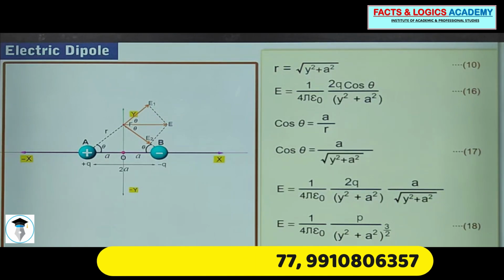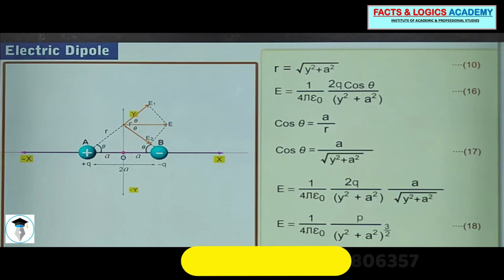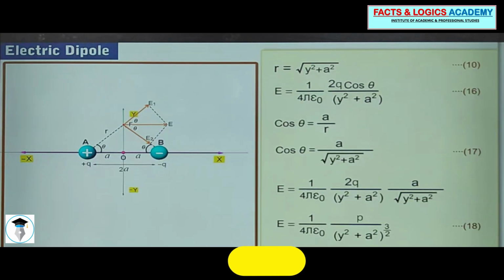Let us label it as equation 18. The direction of the electric field strength at the point F is opposite to that of the electric dipole moment and parallel to the axis of the dipole, as discussed earlier.